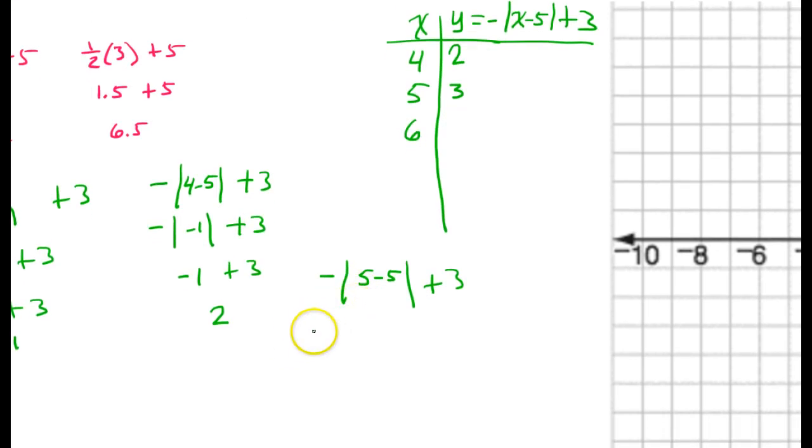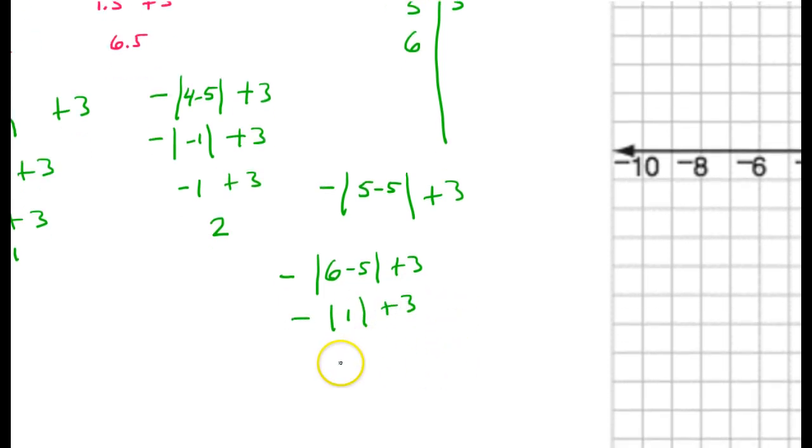Okay, one more. If I substitute in 6, then I have negative absolute value of 6 minus 5, plus 3. So that's the absolute value of 1, plus 3. The absolute value of 1 is 1. I'm just bringing that negative sign down, so that is 2.